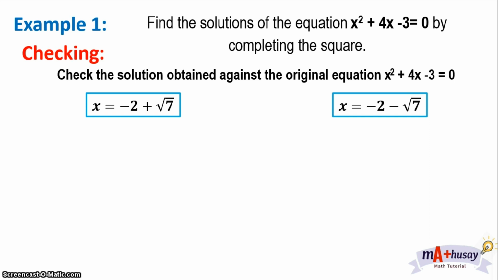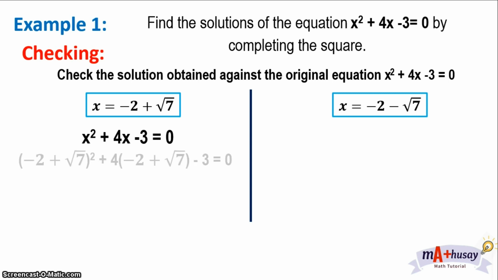Now, to check if the equation holds true, we have x squared plus 4x minus 3 equals 0. We substitute x equals negative 2 plus square root of 7. So we have the quantity of negative 2 plus square root of 7 squared, plus 4 times the quantity of negative 2 plus square root of 7, minus 3 equals 0.